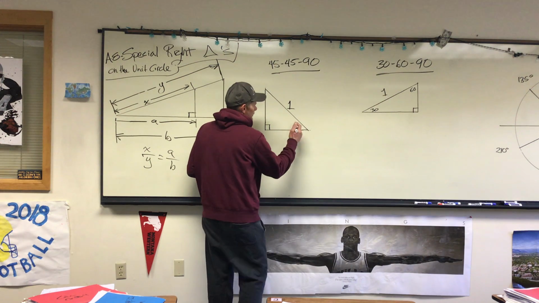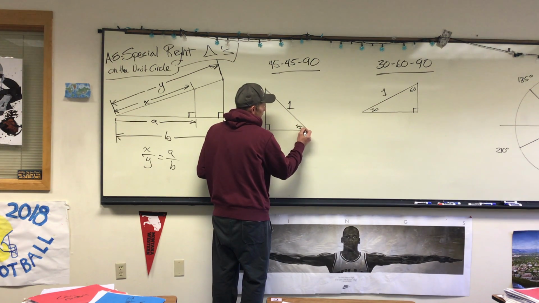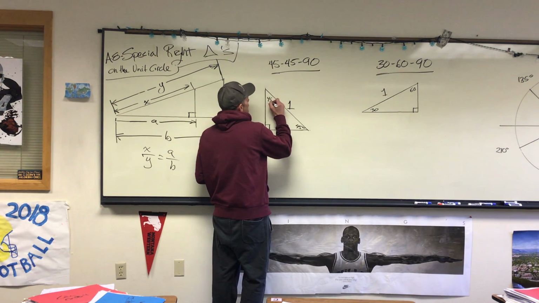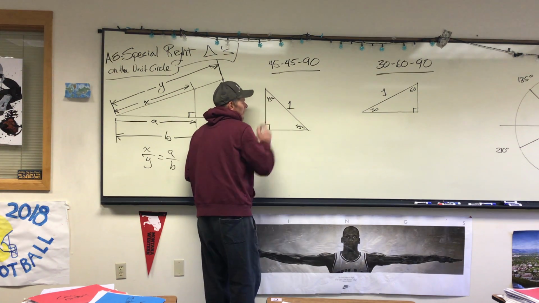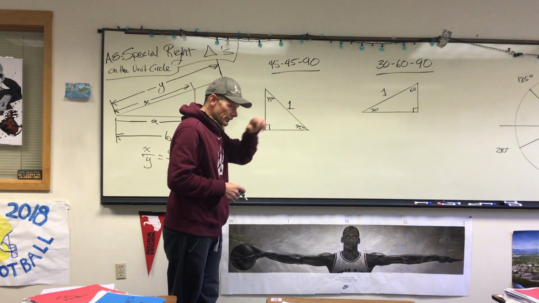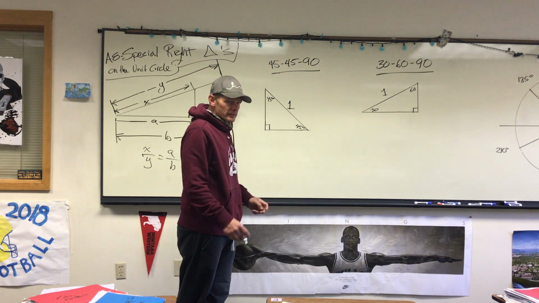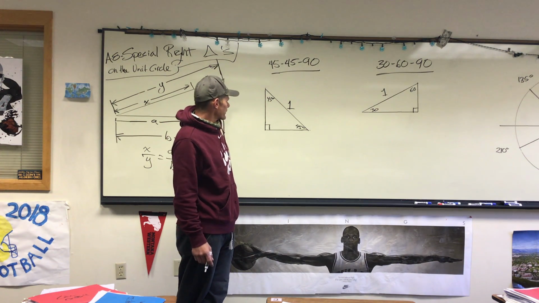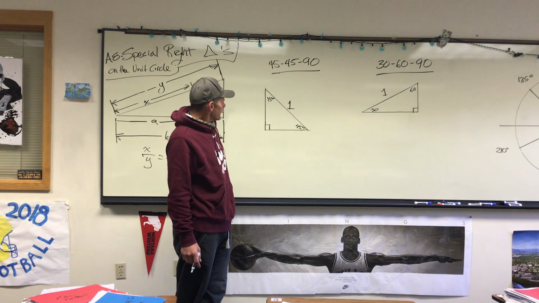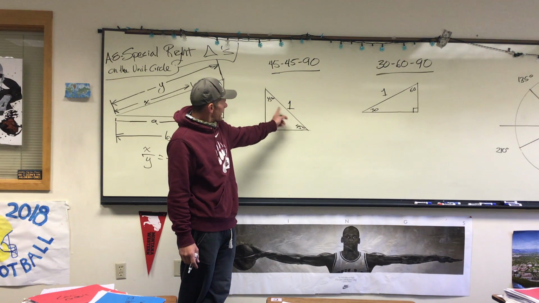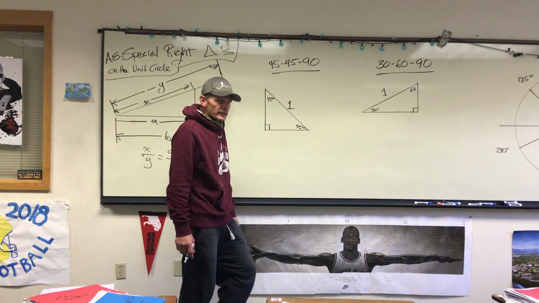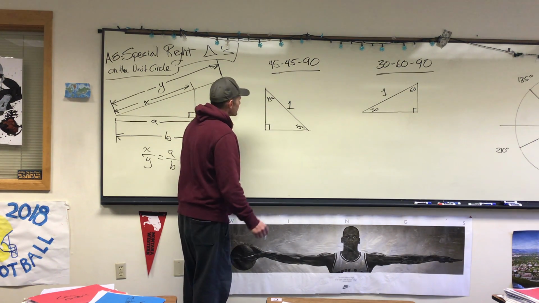So first off, the 45, 45, 90 triangle. We remember from the isosceles triangle base angle theorem that if a triangle has congruent angles, then the sides opposite those angles are congruent.